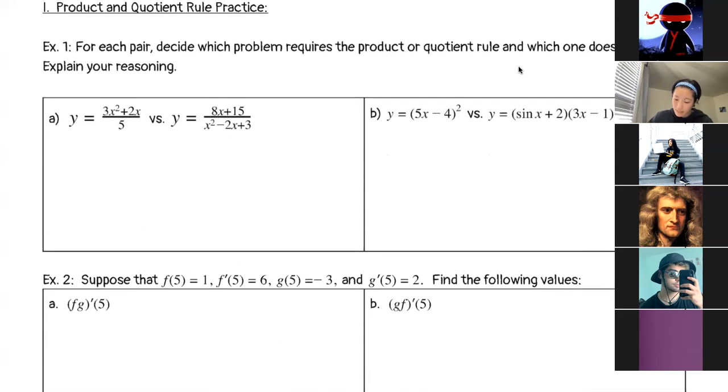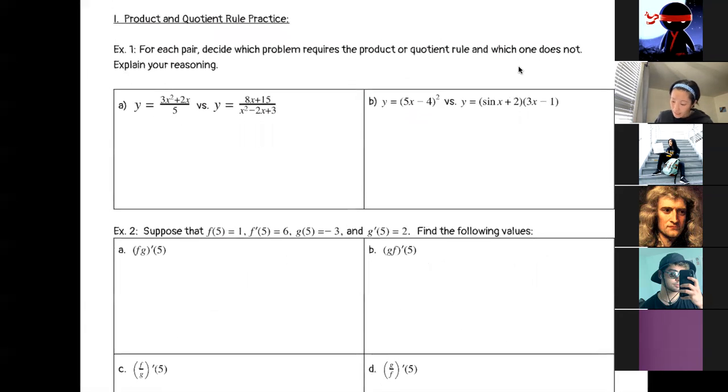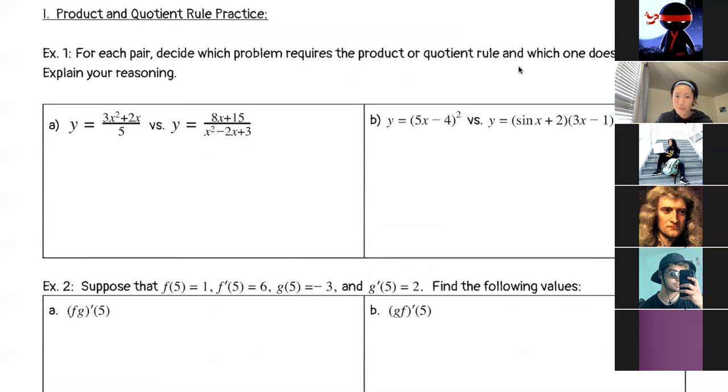So let's take a look at example 1. Example 1 has 2 pairs of equations in part A and 2 in part B. For part A, I want you to think about which one you think needs the quotient rule and which one you do not.